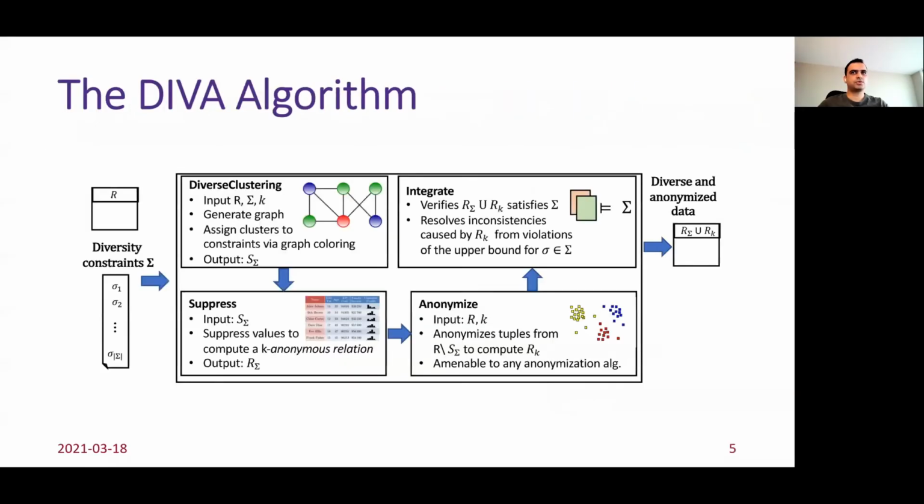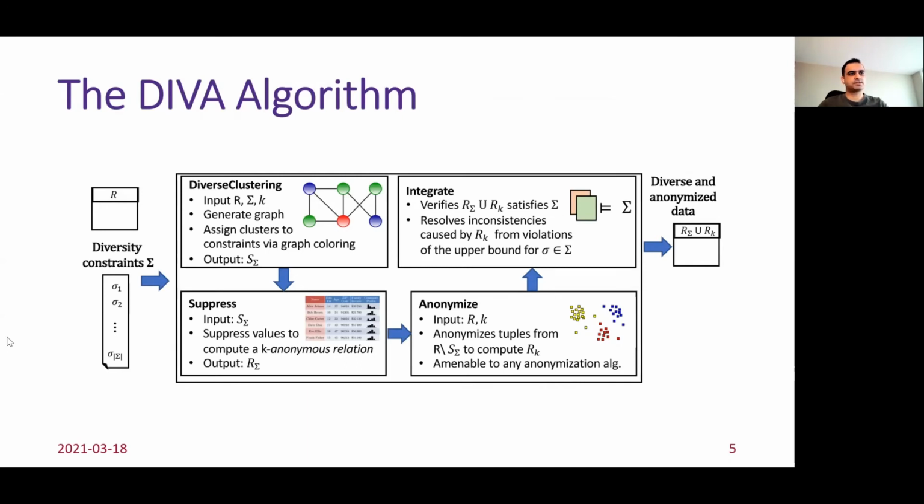This is the general overview of our algorithm. It's called DIVA, which stands for Diverse Anonymization Algorithm. In DIVA, the first phase is diverse clustering that I explained, and then suppression to suppress values in the partial clusters to satisfy the constraints.